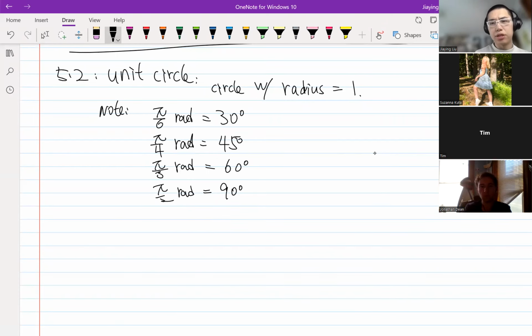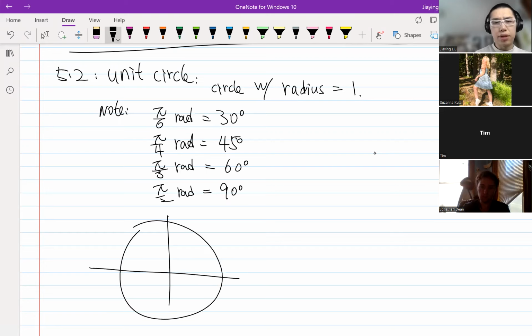So let's see, this is my unit circle with radius 1. So this is a 1, this is a 1, negative 1, negative 1. And I'm just going to plot those angles. So pi over 6. The way I do it is I know that this is a 0 if I'm starting on the positive axis and it ends there.